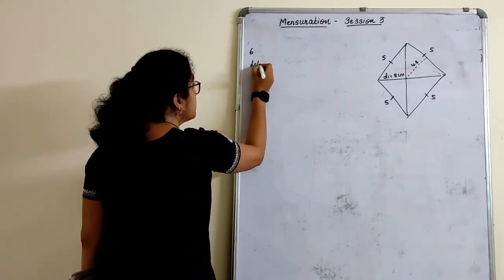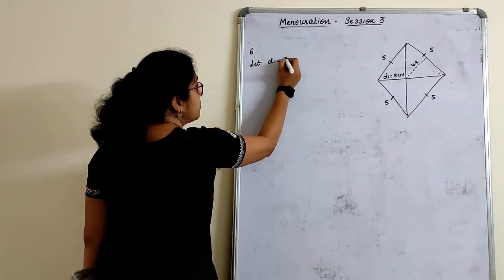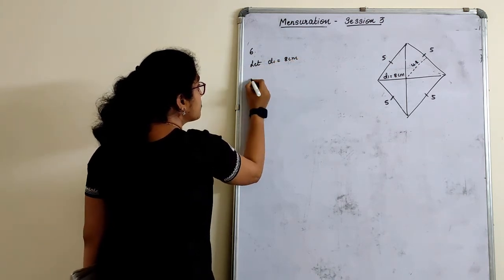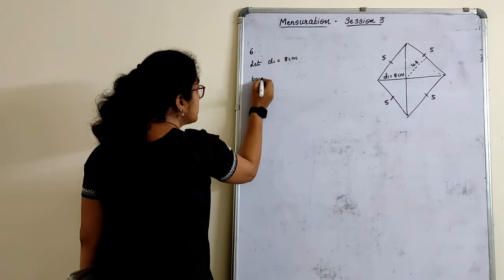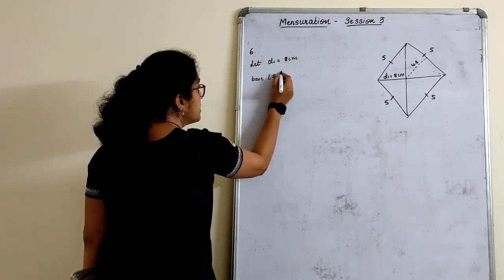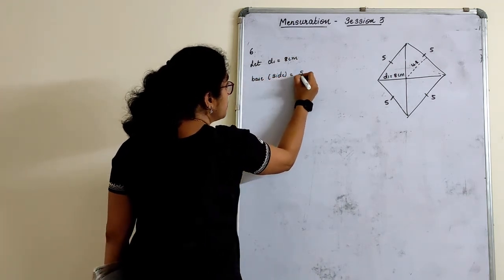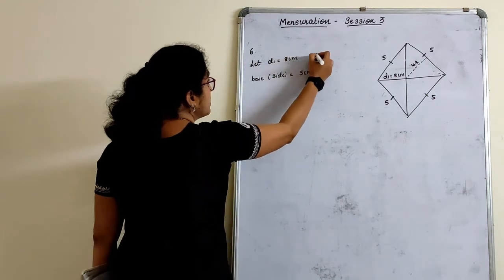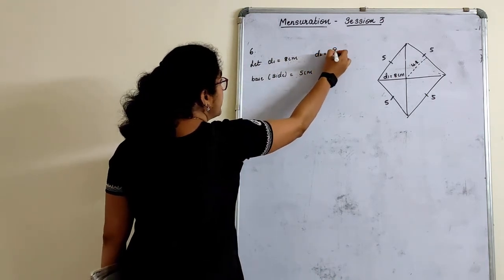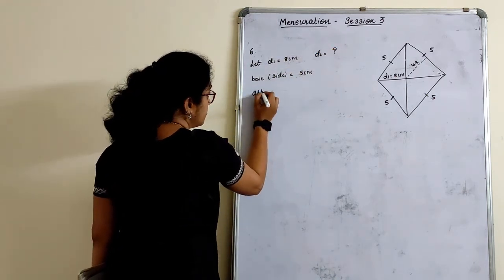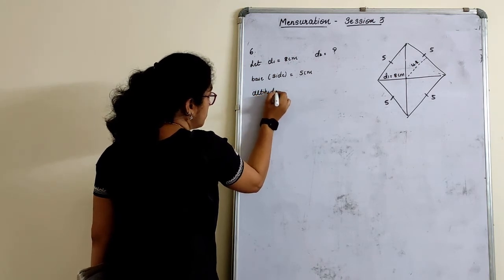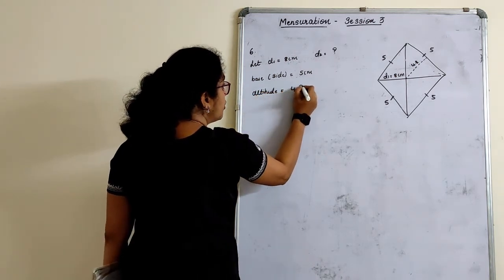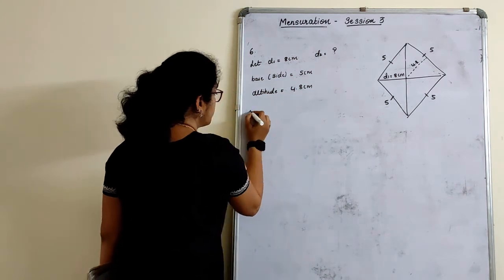So let D1 be equal to 8 centimeter. Base, that is nothing but side, is equal to 5 centimeter. D2 you have to find out. Altitude is equal to 4.8 centimeter.